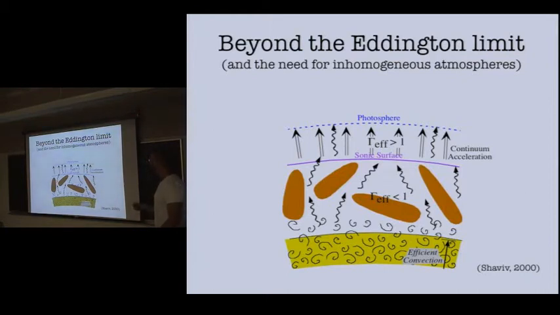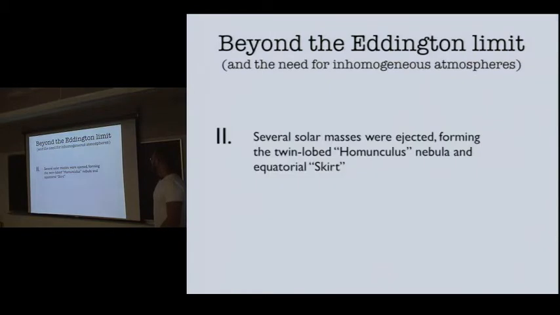And so the light diffuses until the sonic surface, beyond which even the effective opacity is larger than 1, and the winds are accelerated continuously. This essentially explains how the star managed to radiate beyond its Eddington limit.